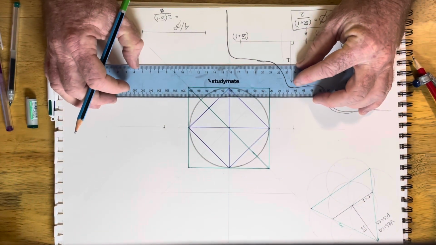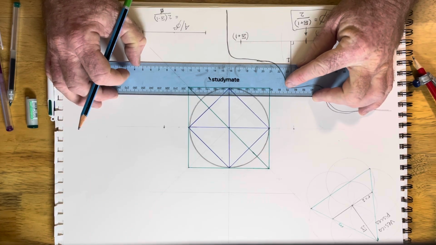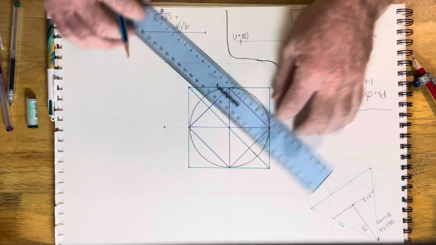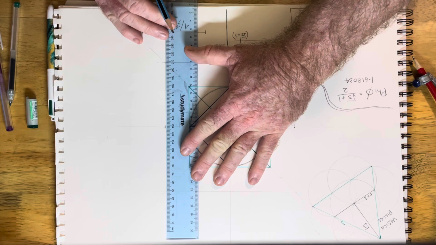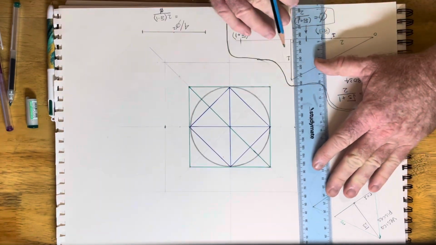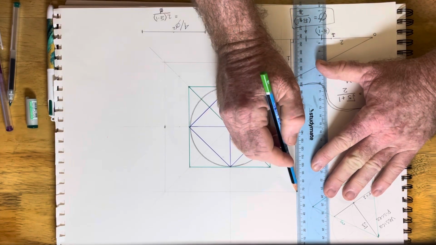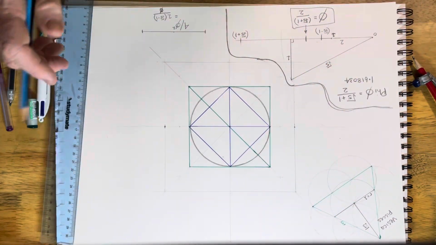So we're just saving a bit of time just guessing at this one. And then this square down here passes through our mark approximately. Yes, it does. So this square that we've drawn is root 5 plus 1, which is 2 times phi.